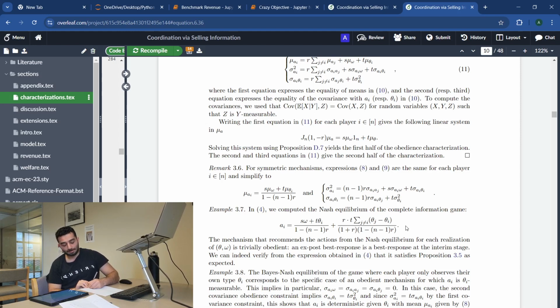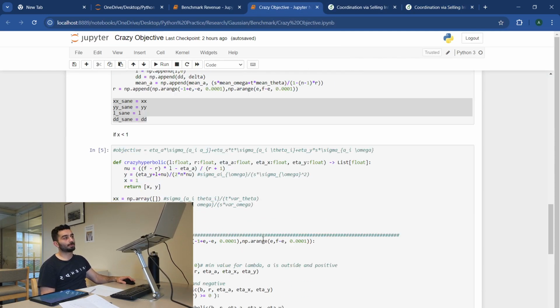If eta a is negative, second PSD binds and we have sigma a aj. If eta a is 0, I will do it either positive or negative. No problem. So we can do the code here.